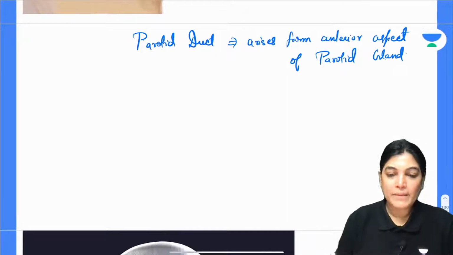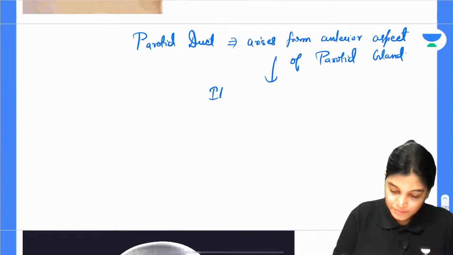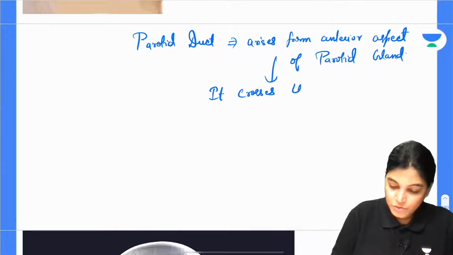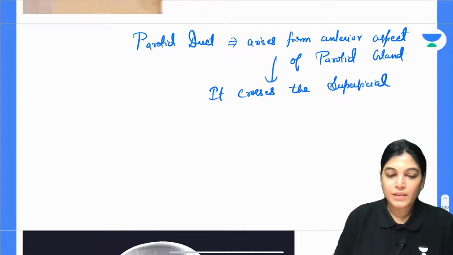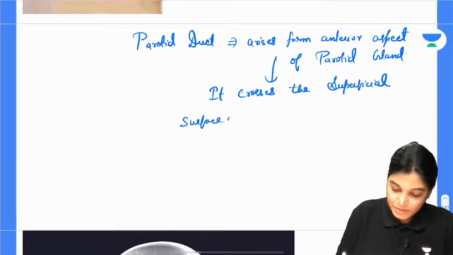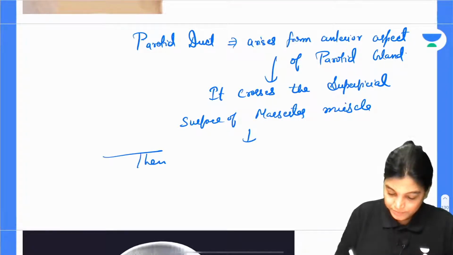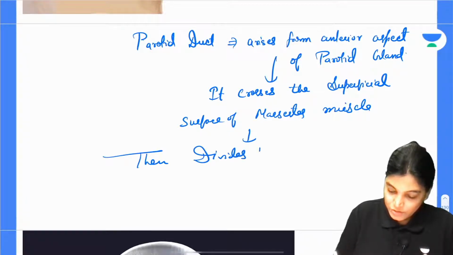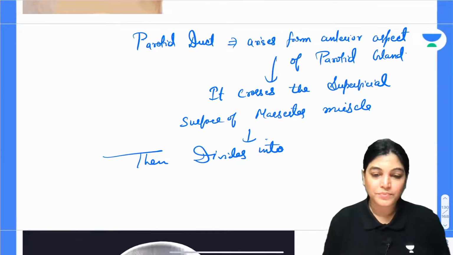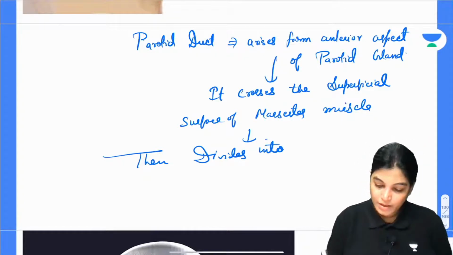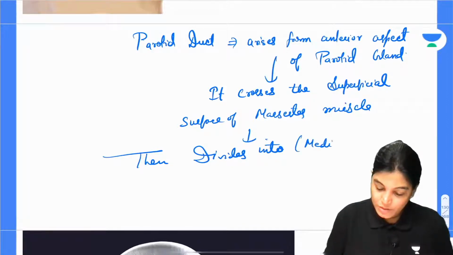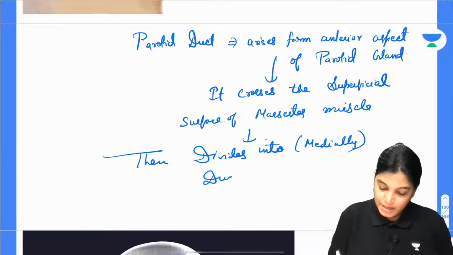Got it? It crosses the superficial surface of masseter muscle, and then divides medially into its duct and pierces buccinator muscle.